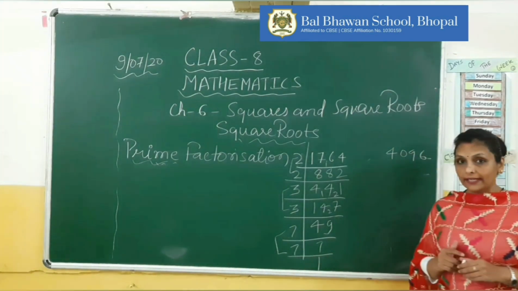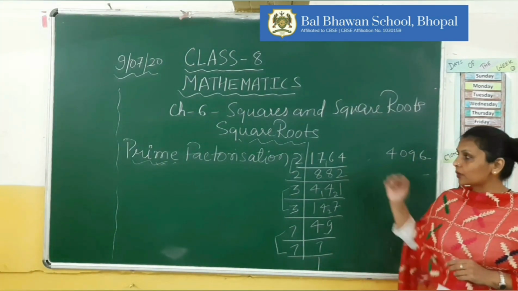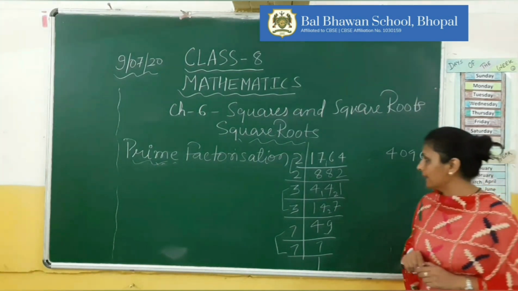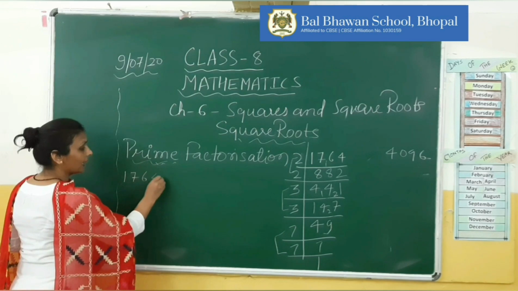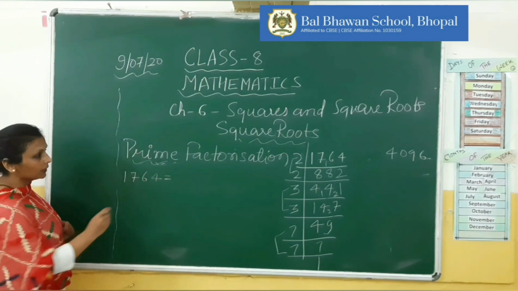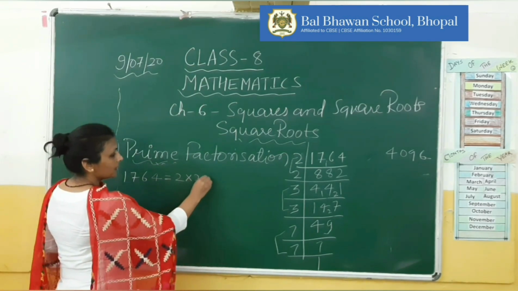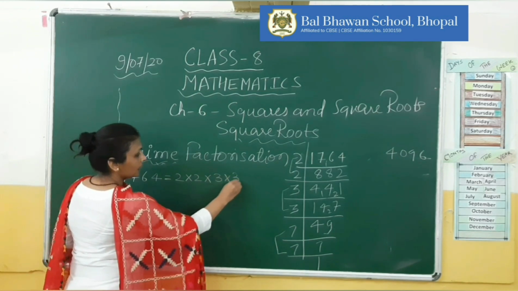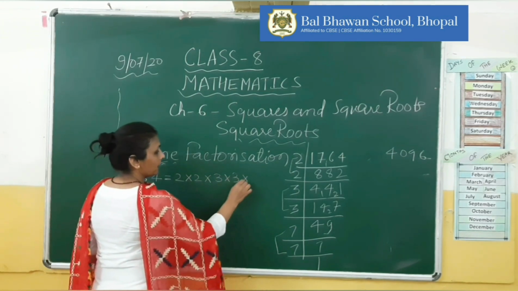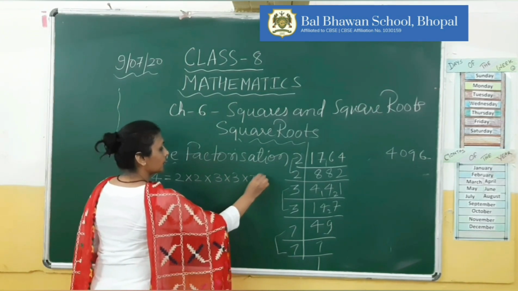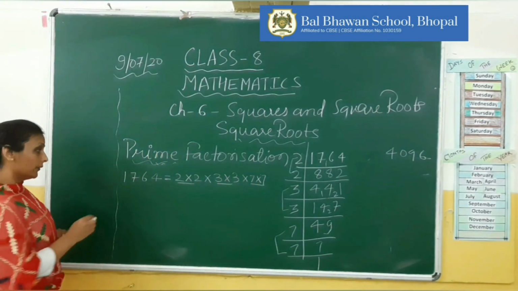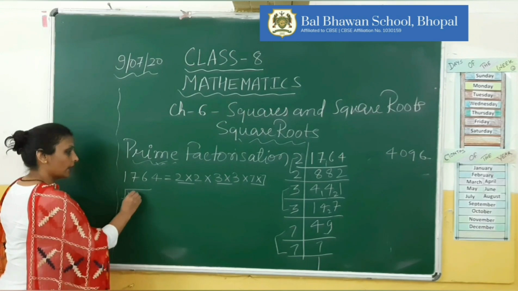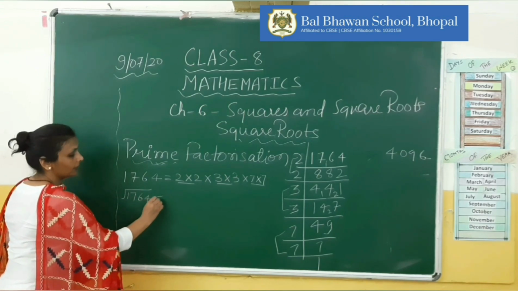Now we will find out the square root of 1764. Let's write down the prime factors of this number. 2 in pairs, 3 in pairs and then 7 in pairs. Right? Highlight these pairs. Then we have to put the symbol of the square root with this number.